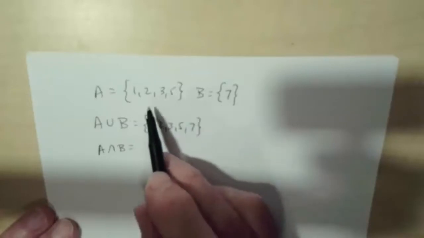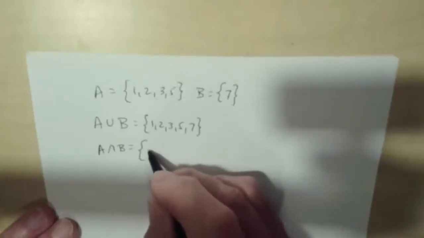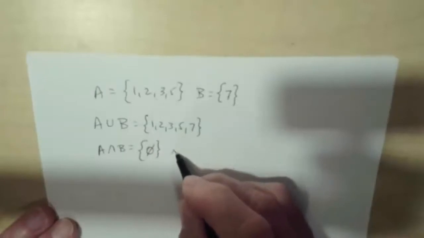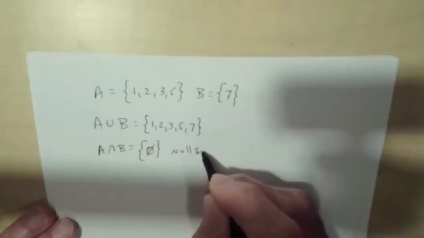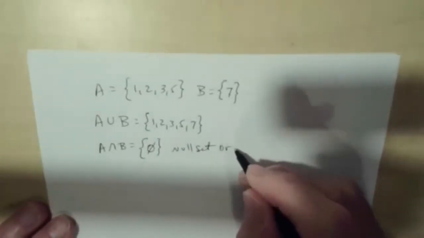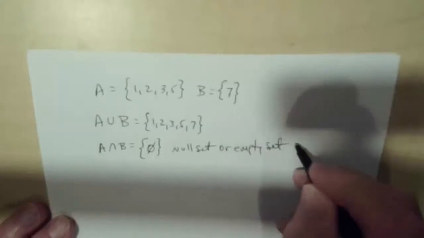So our answer here is a 0 with a line through it. That's called the null set, or the empty set. Typically we call it the null set. Okay?